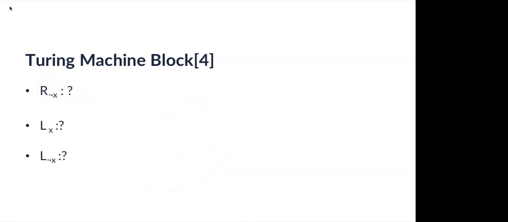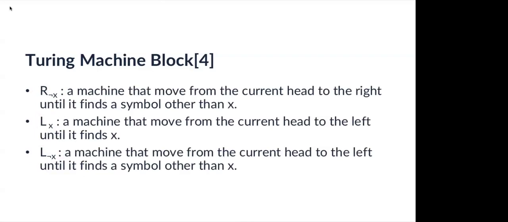So similarly, this will be a notation for moving to the right until we find a symbol other than X. And this is a machine where we move to the left until we find X. And this is a symbol for a machine where we move to the left until we find a symbol that is not an X, like this.